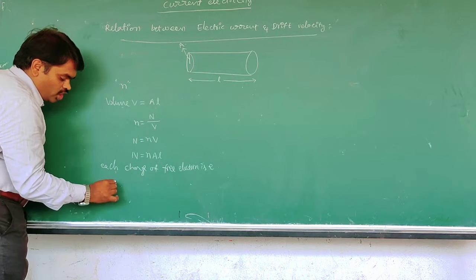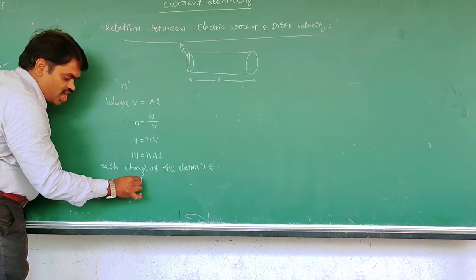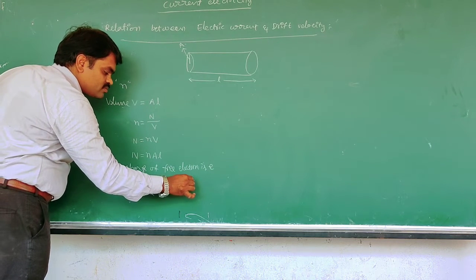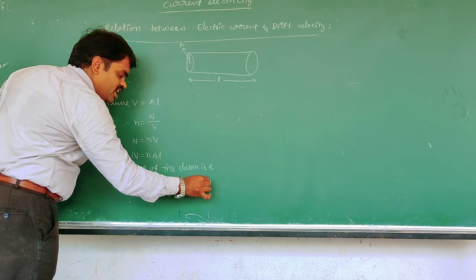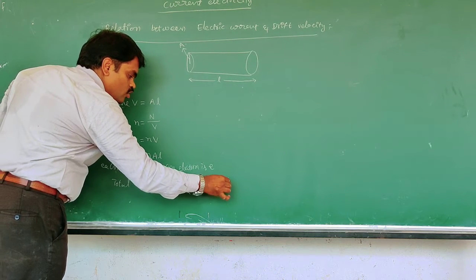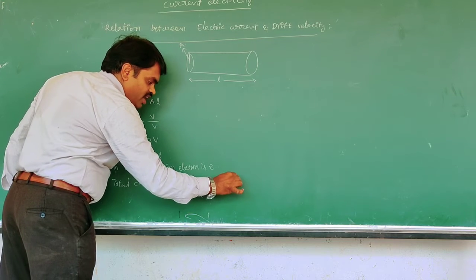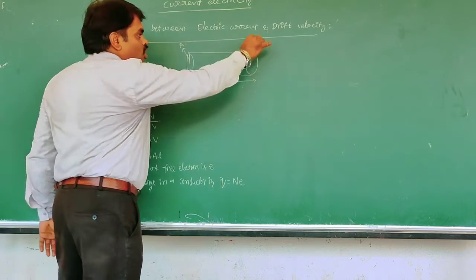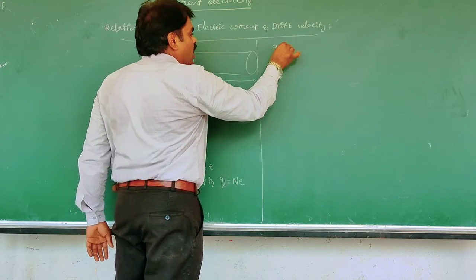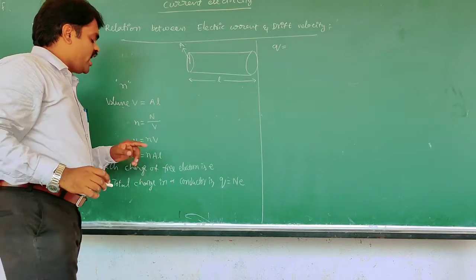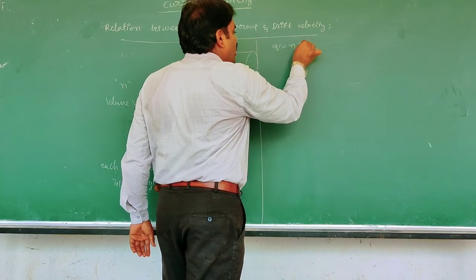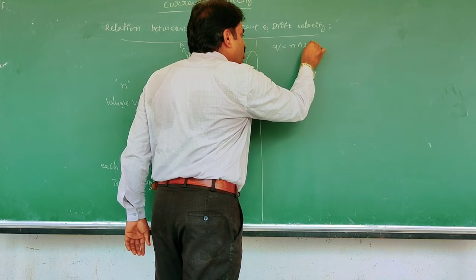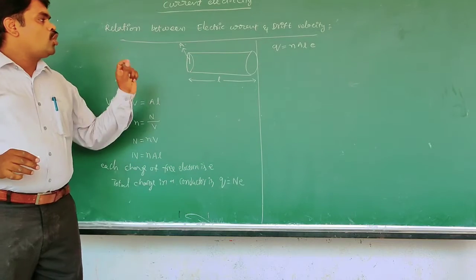Then the total charge in a conductor is Q, equal to total number of free electrons N and each of charge e. Then Q is equal to small n into AL into charge of each electron e. That is the total charge in a conductor.